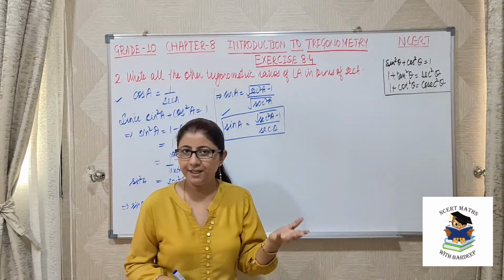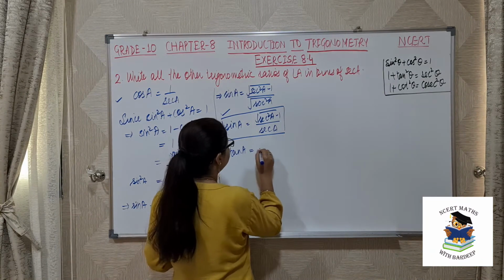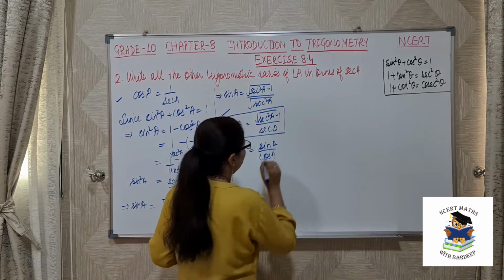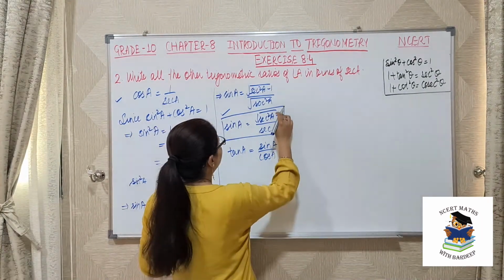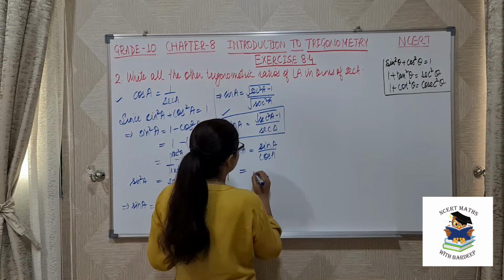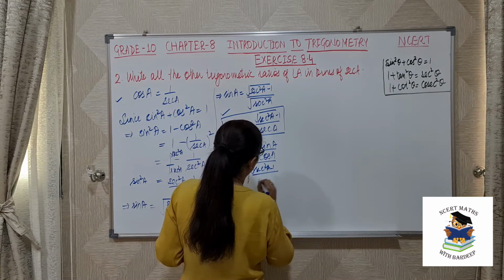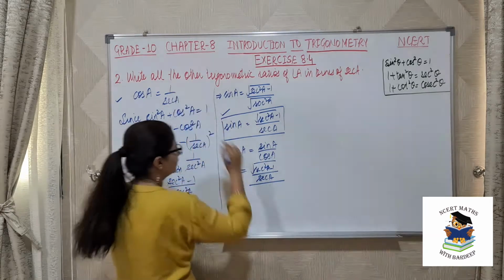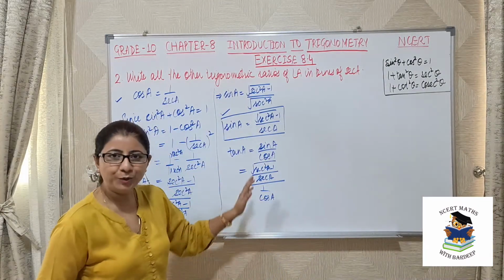Next is tangent A. And what is tangent A? Tan A is the ratio of sine A with cos A. Okay, so now how to do that? Put the value of sine A and cos A that we have already calculated. So sine A is square root of secant square A minus 1 over secant A, divided by the value of cos, that is 1 over secant A. My mistake. And how to solve this?